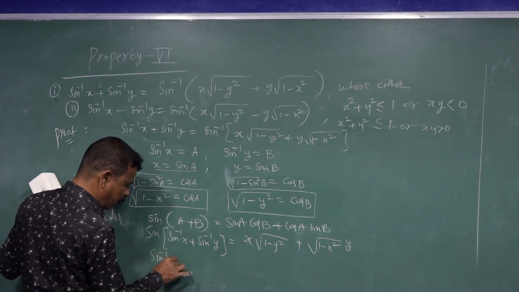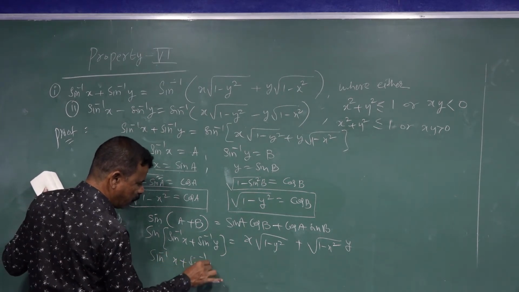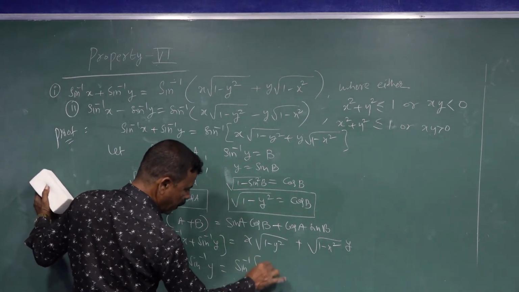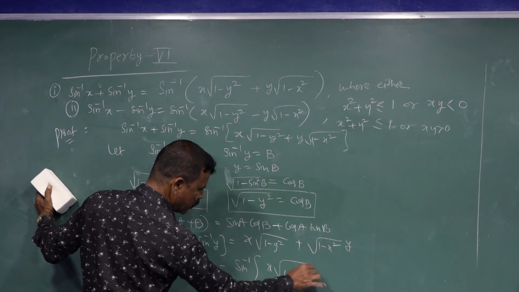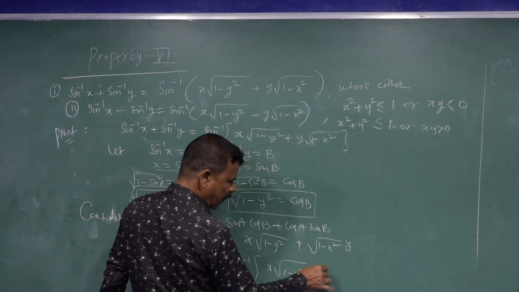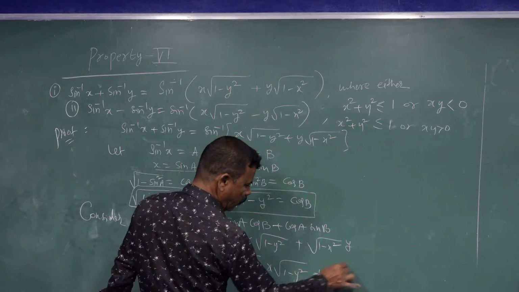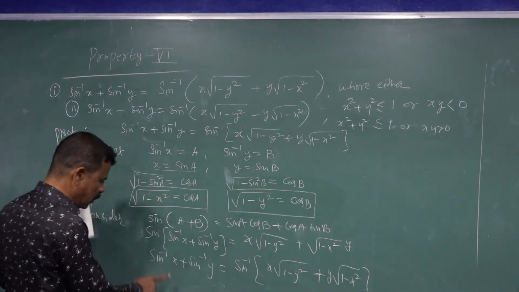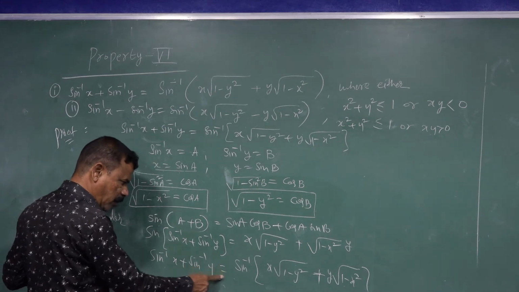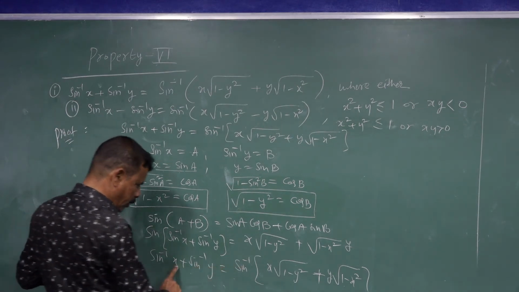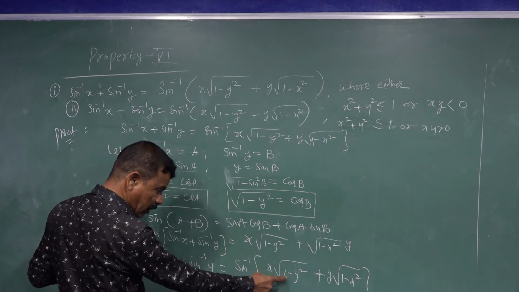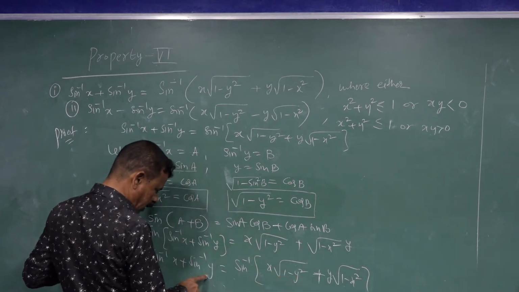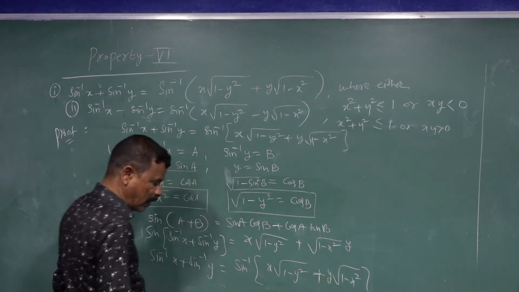Then sin inverse of x plus sin inverse of y is equal to sin inverse of x times the square root of 1 minus y square plus y times the square root of 1 minus x square.